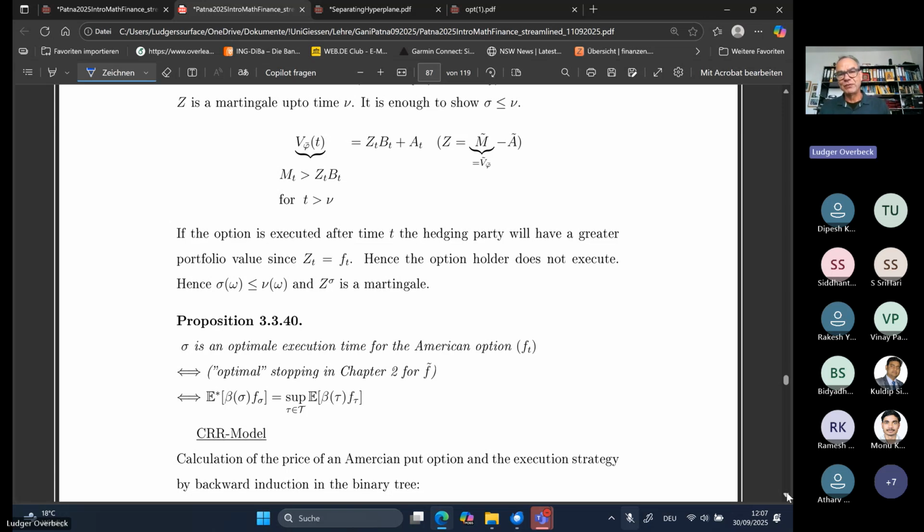And the Snell envelope we have calculated as the maximum of the payout and the future expectation of the Snell envelope at the next time, starting at time capital N.